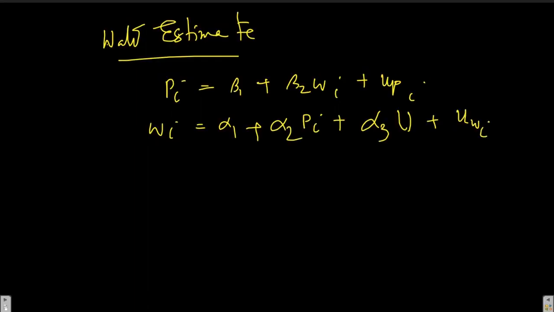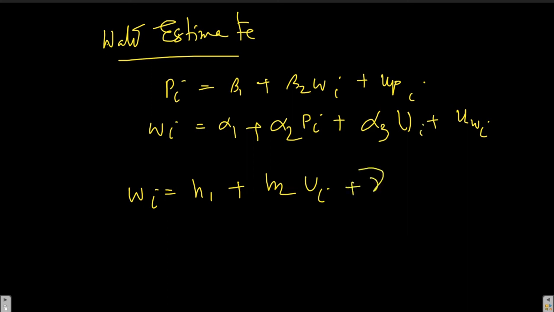Okay. Now in this case, let's say in the first stage regression, I will have Wi is equal to H1 plus H2 Ui, and let's say some error term.